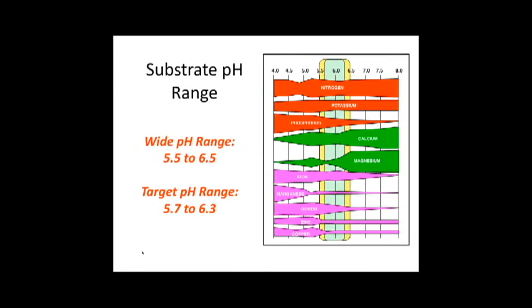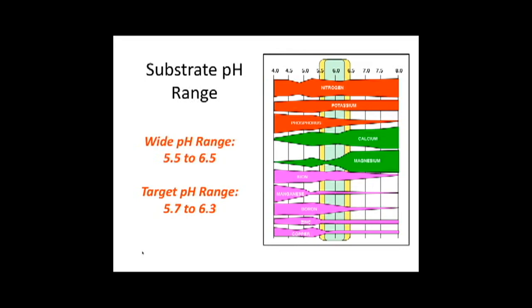So the pH range, there is a wide variation that's out there published. You know, 5.5 to 6.5 is a recommended pH range, but you probably ought to target a little narrower to avoid low pH problems, and at the upper end of the range to avoid iron deficiency problems.